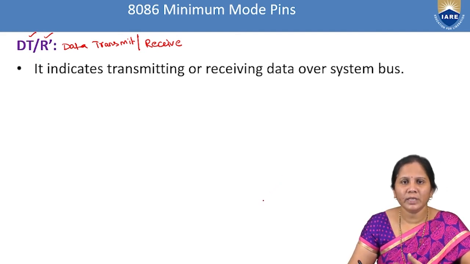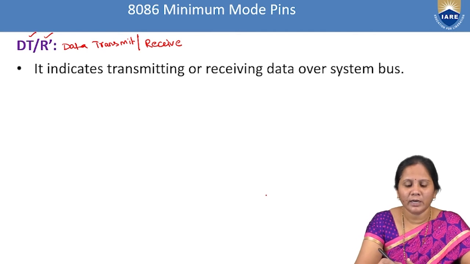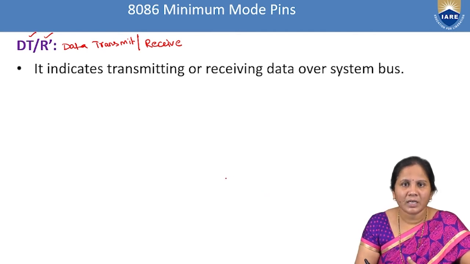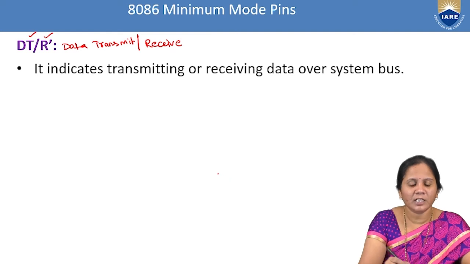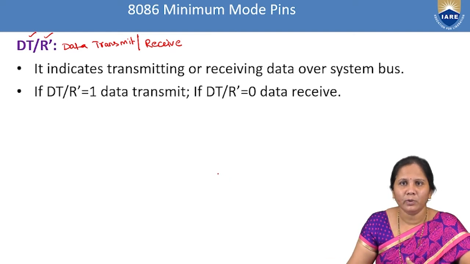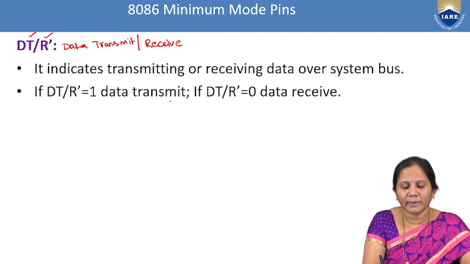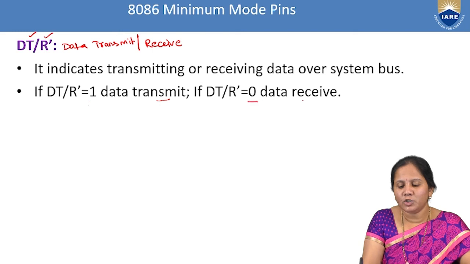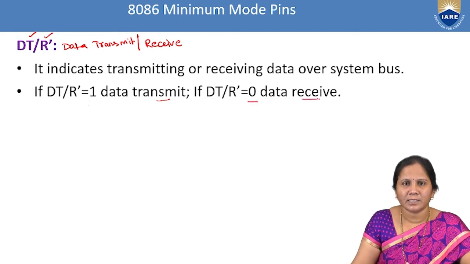During the reading operation, the data receive will be activated. During writing, the data transmit signal will be activated. So data transmit is active high and data receive is active low. If DT by R bar is 1, it means data transmit; if DT by R bar is 0, it represents data receive.